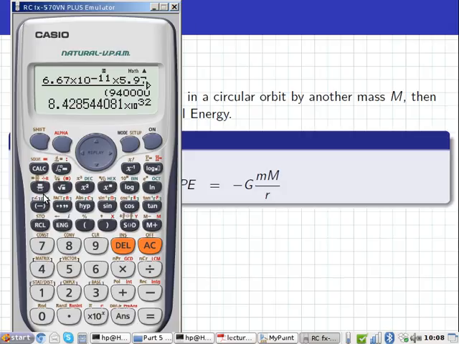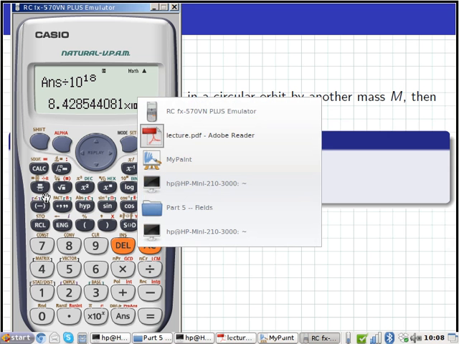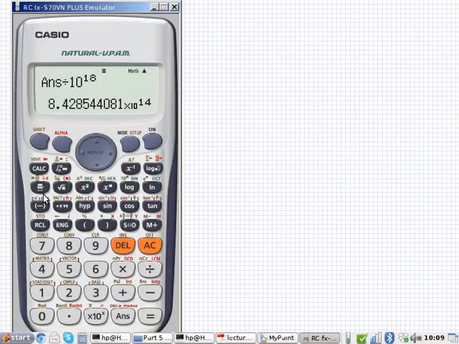I can only get to 18 here. Exa. So if I divide by 18, this is exa.